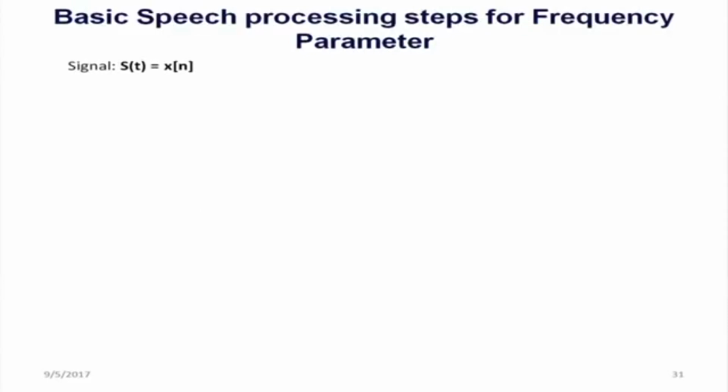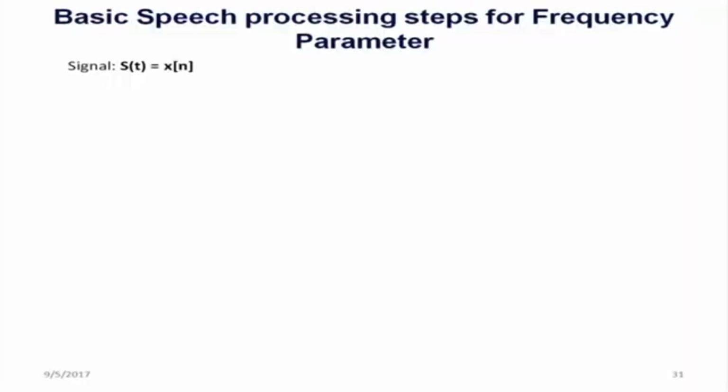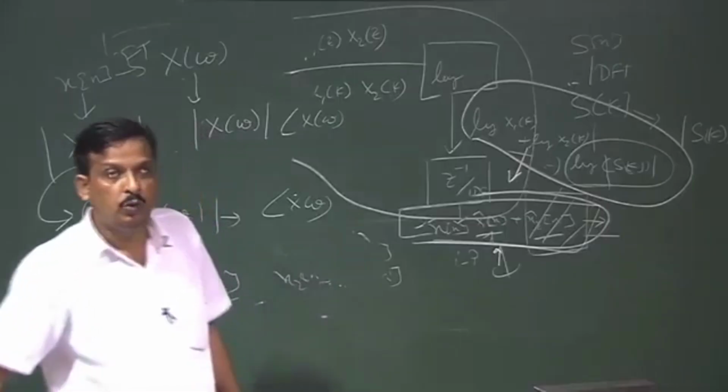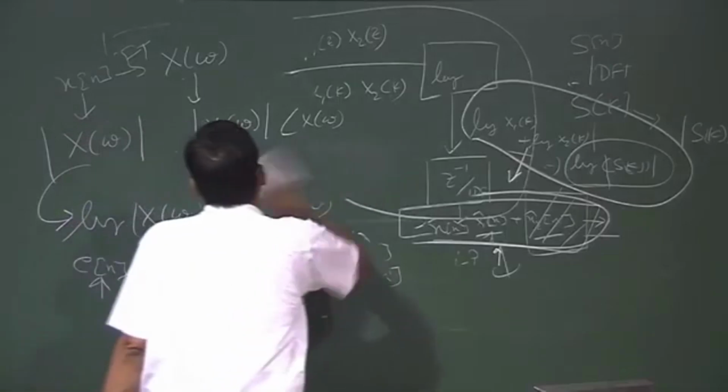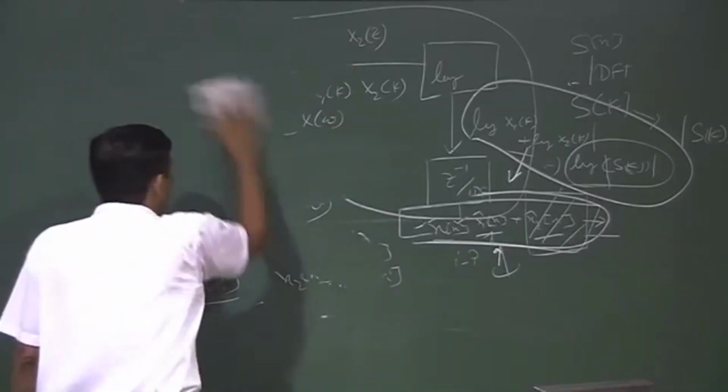So, what are the steps to find out the cepstral coefficient? The basic processing steps for frequency parameters: I have x(n) as the signal. In the speech signal, I do the pre-emphasis to emphasize the high frequency component. Why is it required? In the speech signal, low frequencies are emphasized, but high frequencies are not.